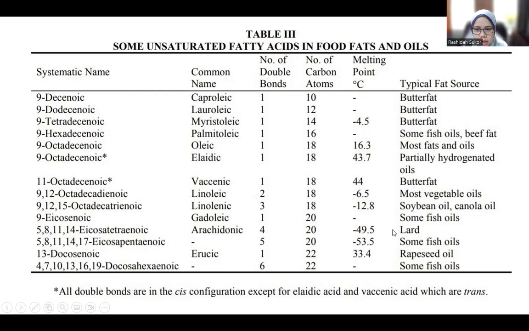Arachidonic acid is 20:4, found in lard. And linolenic acid is 18:3, which you can find mostly in soybean oil, canola oil, and rapeseed oil, and the 22:1.